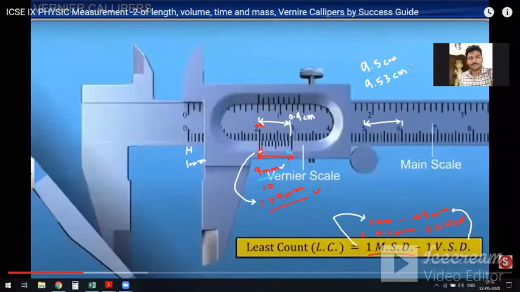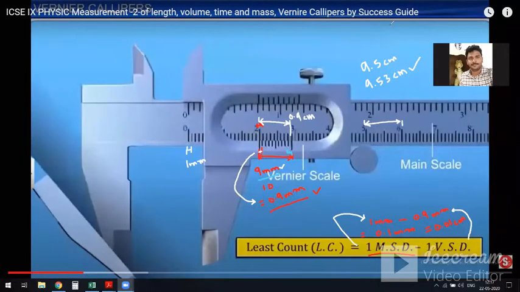We'll say 9.53 is more accurate. So for making accurate measurements, we are using the vernier scale. Yes, vernier scale is a little bit different from the main scale or the common scale that we are using. Hope that your doubt is clear. Any more doubt?